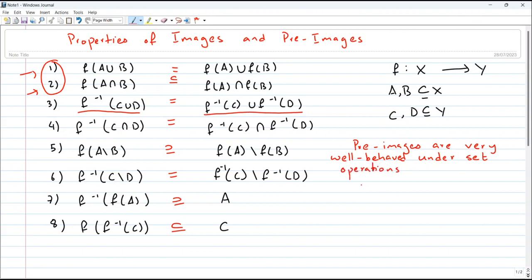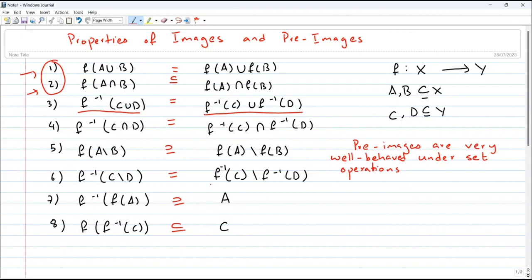So what it means is that if you take intersections, unions, complements, set differences, and all sorts of set operations, and if you take the pre-image, they will be well behaved. So they will behave exactly the way you expect them to behave.